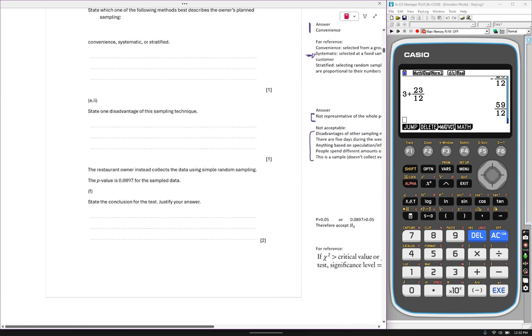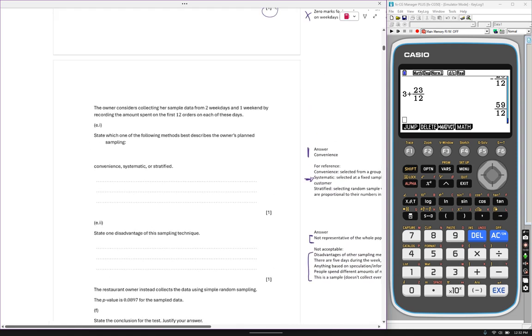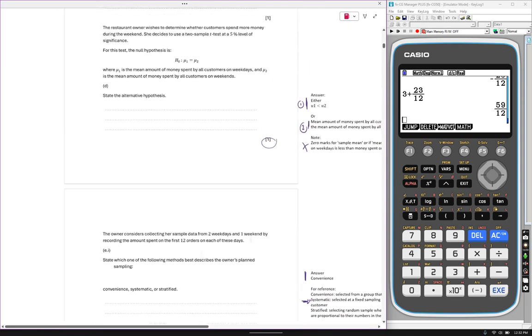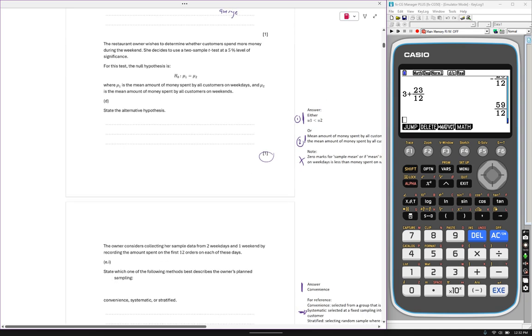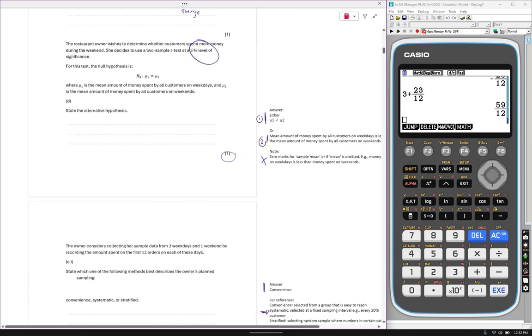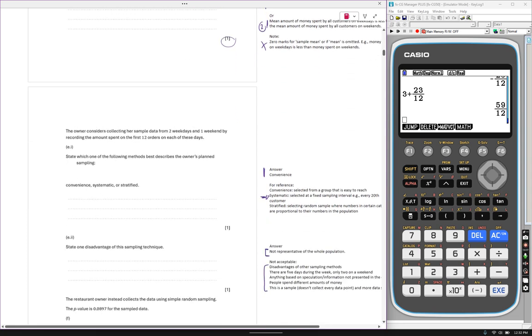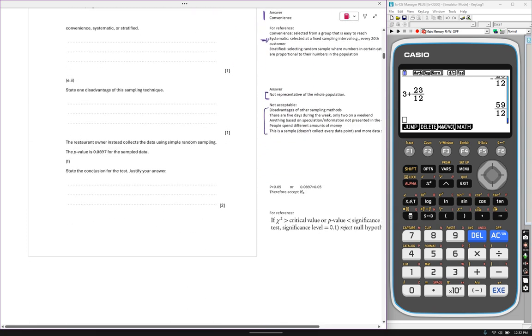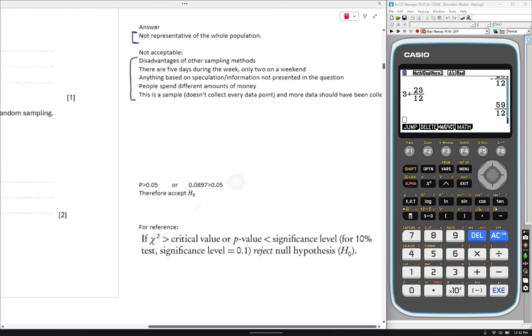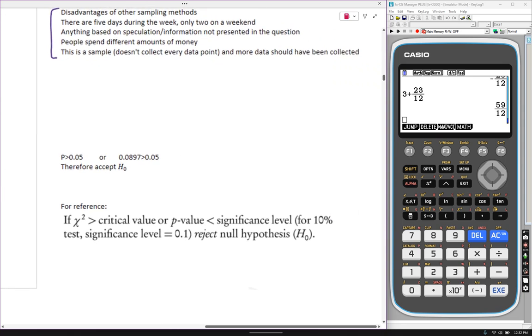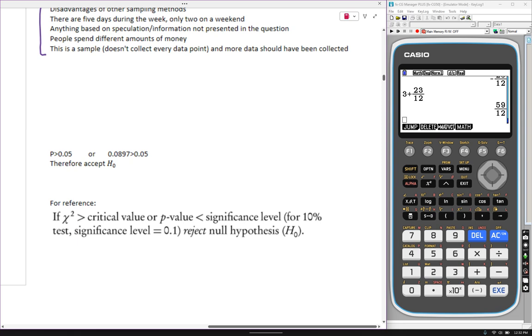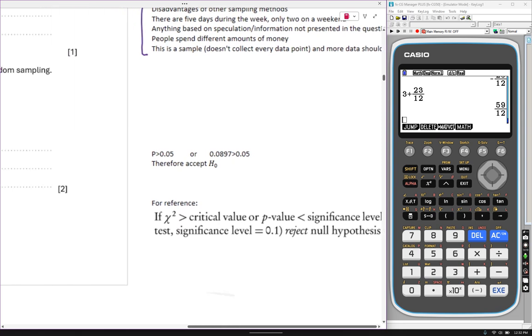Where is the 0.05 coming from? It comes from back up here, where it says a 5% level of significance. So if I go back down, the p-value of 0.08 is larger than 0.05. Therefore, we accept the null hypothesis.